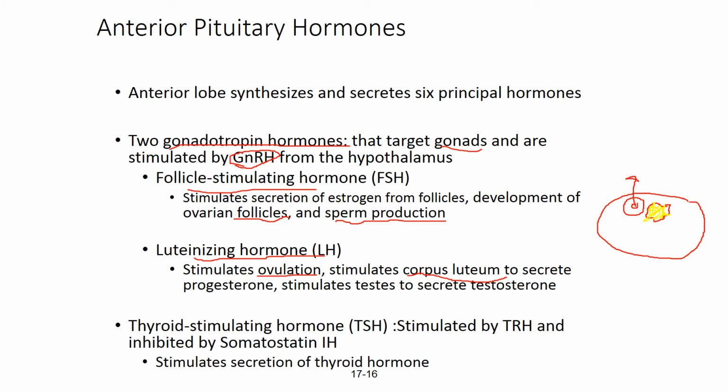So what happens with this corpus luteum is that these are the remnants from this follicle, and it will secrete hormones. It's still active, and it'll secrete something called progesterone. When we're talking about the follicles and this corpus luteum secreting things like estrogen and progesterone, these hormones are communicating with the uterus.